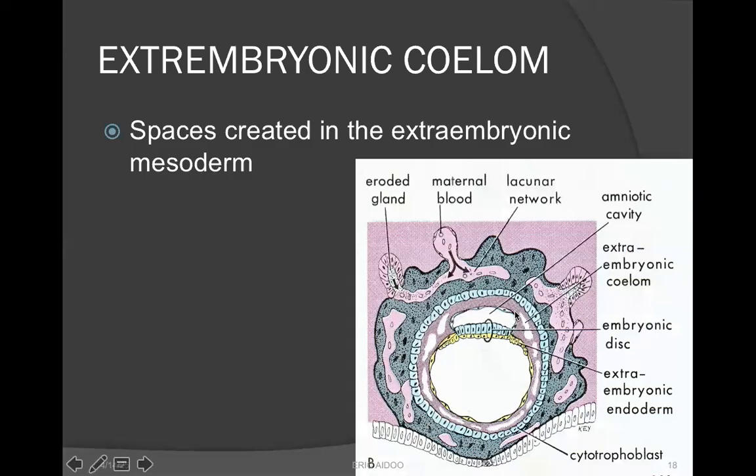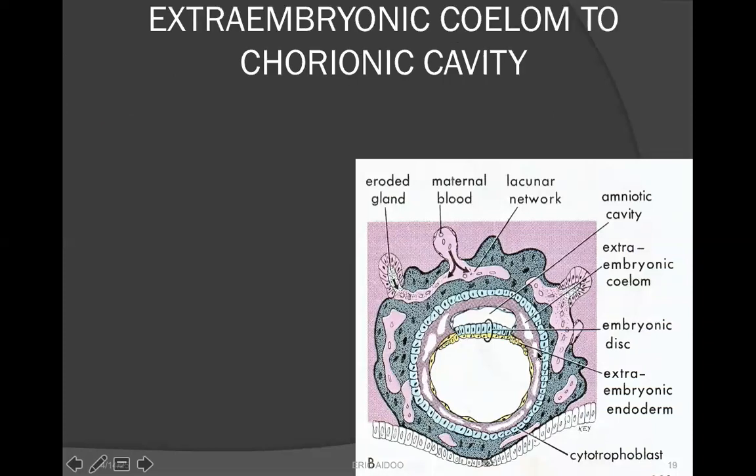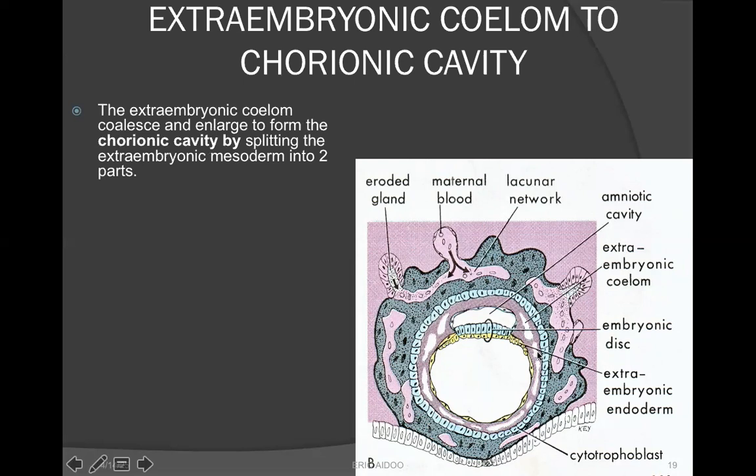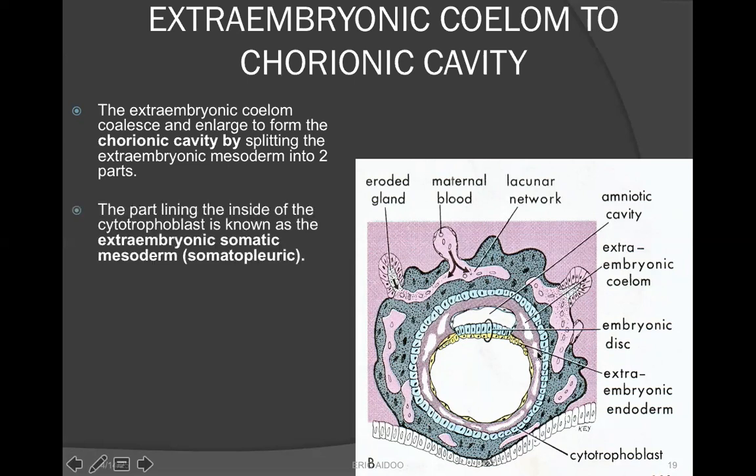And now you can see that there are some spaces appearing within the extraembryonic mesoderm, and those spaces are going to add up or join to form one big space. Okay, so that space will now be called extraembryonic coelom, and it's going to split the extraembryonic mesoderm into two. One that will be very close to the yolk sac and one that will be close to the cytotrophoblast.